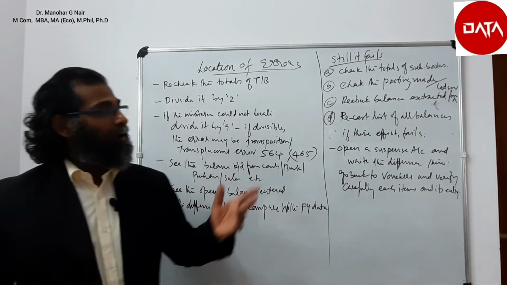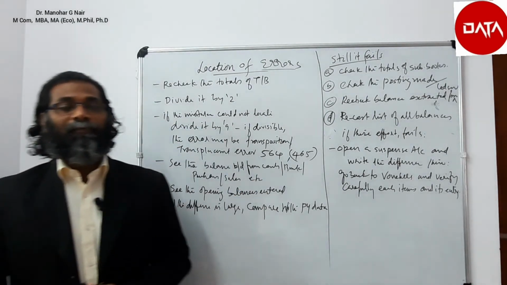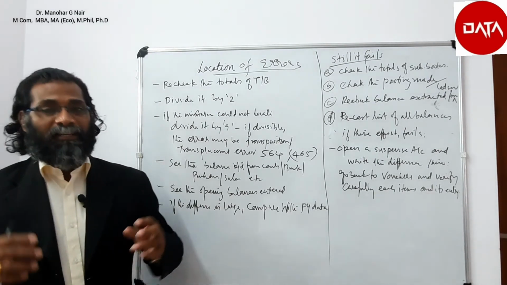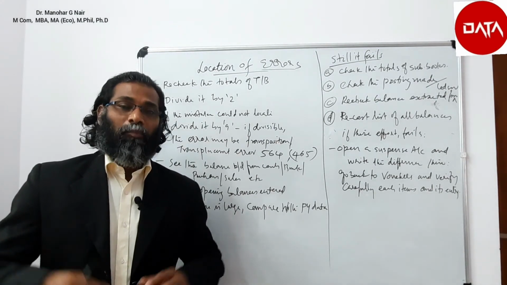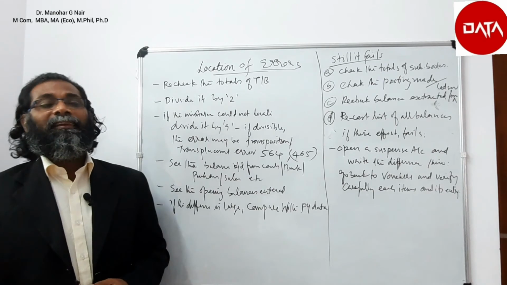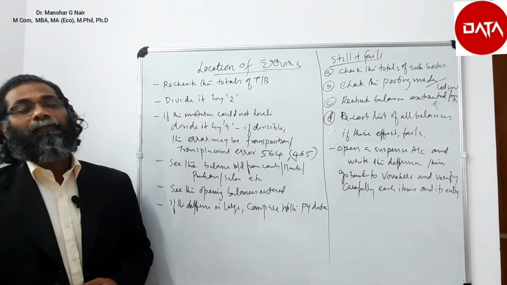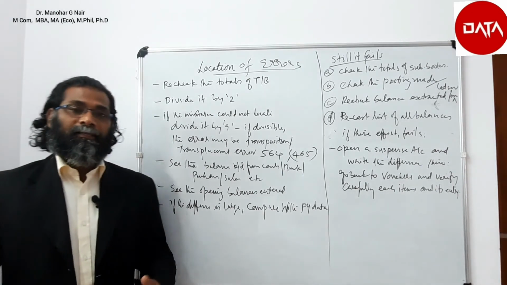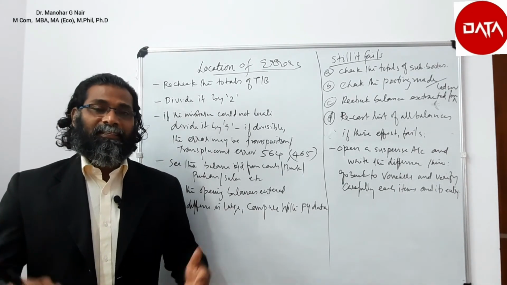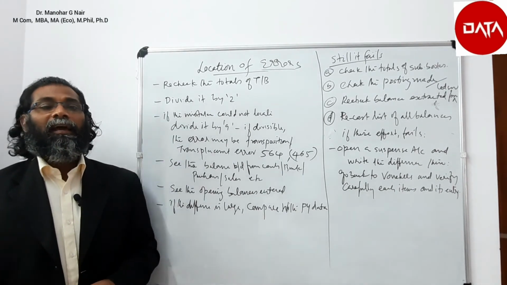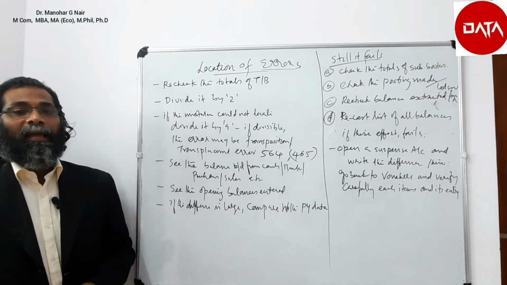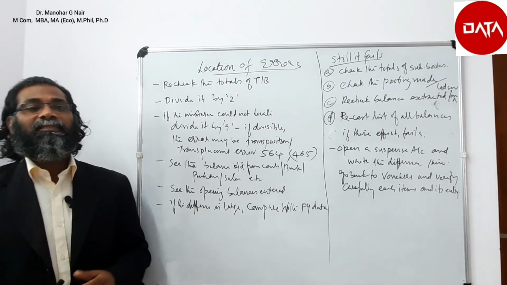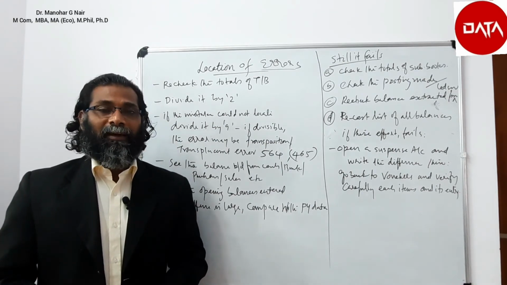Then recheck the balance extracted from each ledger. Once again total it, balance it, and see that the balance brought down taken from the ledger to the trial balance is correct. Recast all the ledger accounts, arrive at the balance once again, and see that the same value is taken to the trial balance.